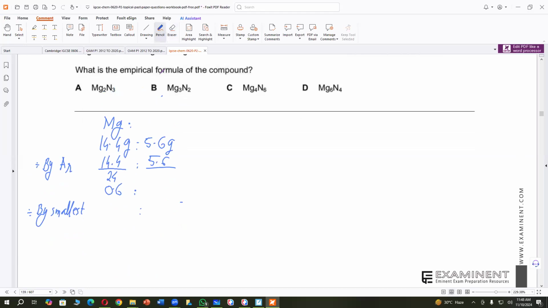What's the relative atomic mass of nitrogen from the periodic table? Nitrogen is 14. Now, can you divide it?